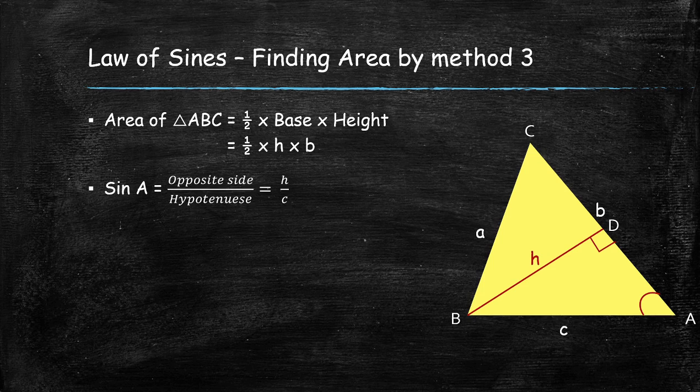Now sine of angle A is opposite side by the hypotenuse, which is H by C. We are considering triangle BDA.